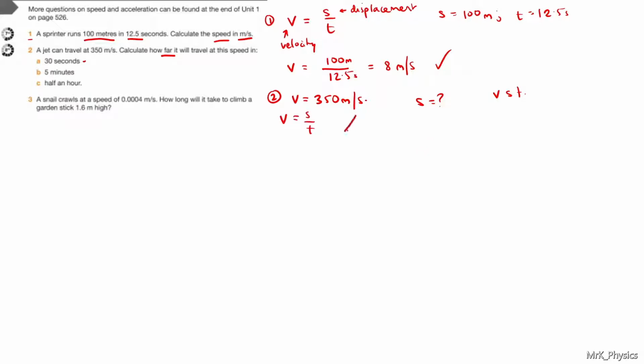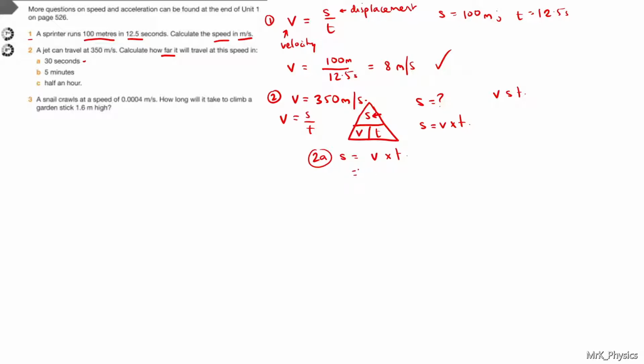Now, if you want to, you can think of this as a triangle, a really small triangle. Let's replace that, it looks a little bit nicer. We've got essentially v is s divided by t. So if you want to know the distance or the how far or the displacement, then what you're going to do is s equals v times t. Alright, so for 2a, I should probably do that over here. 2a is 30 seconds, and we're using s equals v times t.